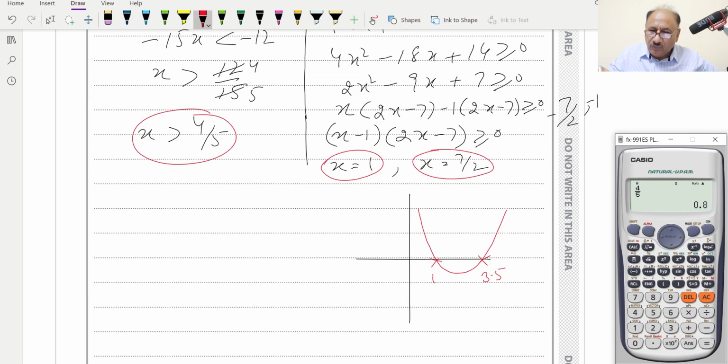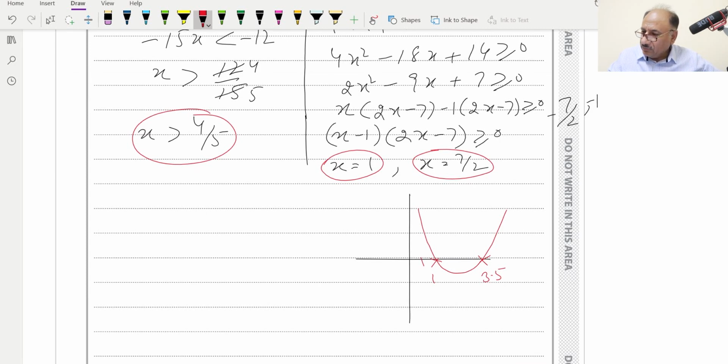So 0.8 will be on this side over here, closer to this one, so we write 0.8 over here, and we require the y value which is greater than this. Greater than this means we will require this side, plus we will require up to this 0.8, this shaded portion. Hopefully you understood this.